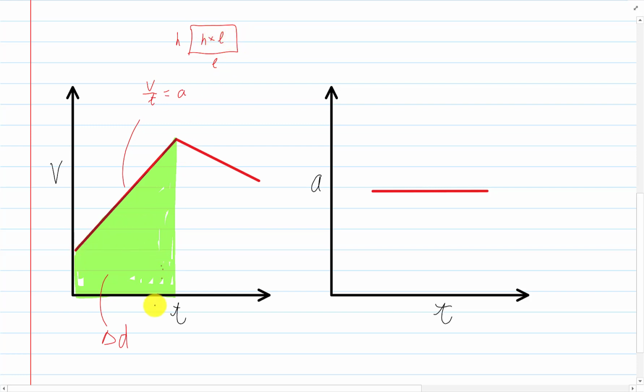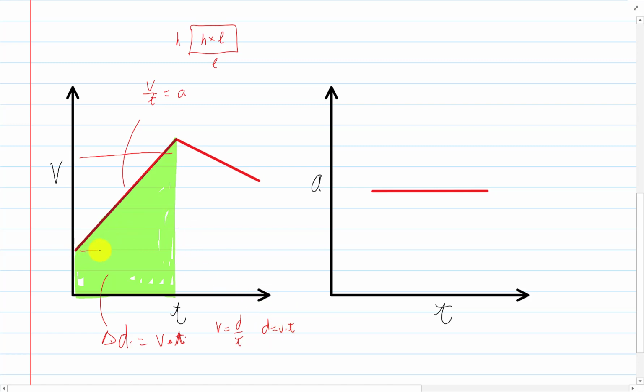So to get this area, we go v times t, and if it was a constant velocity, then we would just get the velocity times time, and you can see that velocity times time is displacement from our constant velocity formula. V equals d over t, or rearranging it, d is equal to v times t.